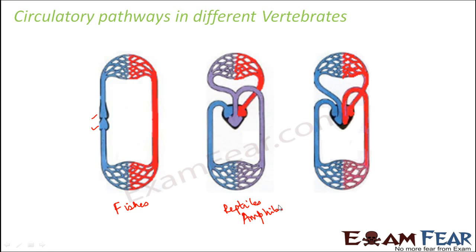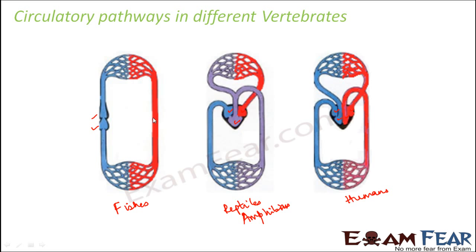So here if you see, this is the three-chambered heart, 1, 2, 3. And the human beings have a four-chambered heart, that is 1, 2, 3, 4. Right? So here you can see that in all these different animals, they have different ways of circulation.